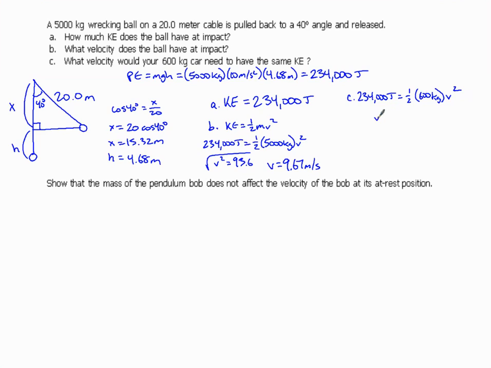So we solve this, it's v squared equals 780. And so the velocity is 27.9 meters per second. Which, if you think about it, highway speed in the SI system is around 24, 25 meters per second. So this is approximately 60 miles an hour.